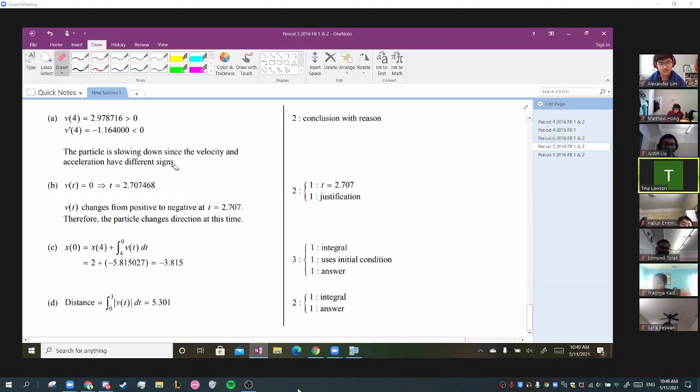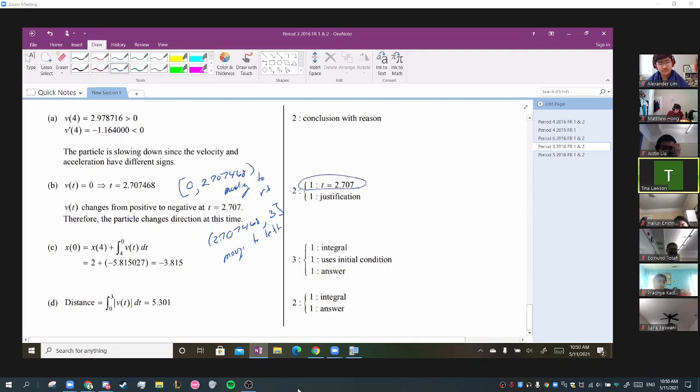You can say from 0 to 2.707468, it was moving to the right, because those were positive, and then from 2.707468 to 3, I'm going to include 3. I should include 0 too, because actually at 0 it's a positive velocity. And then I would say moving to the left, to get those 2 points.